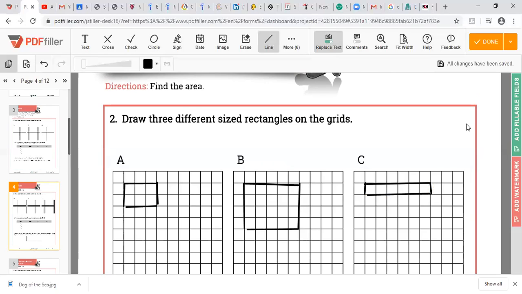Okay, so here I have 3 different rectangles that I've drawn. I'm going to look at the length and the width for rectangle A.